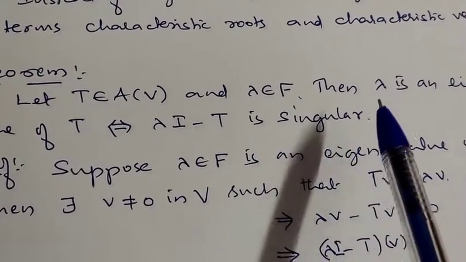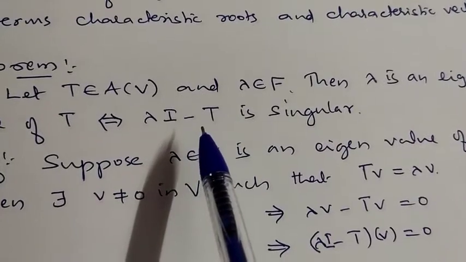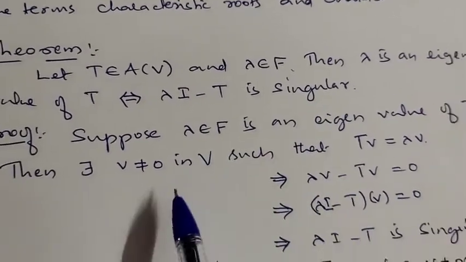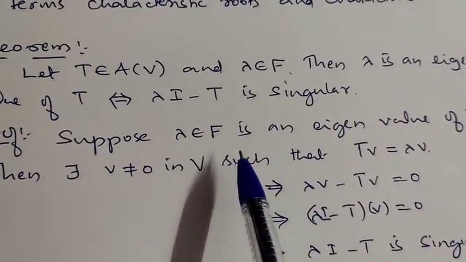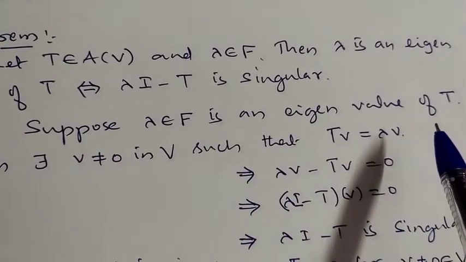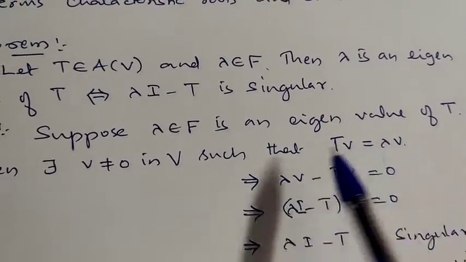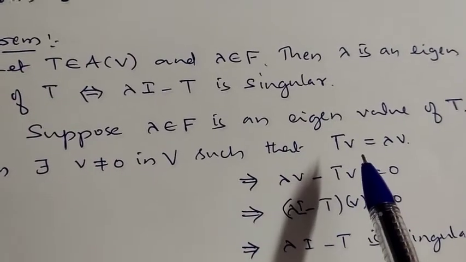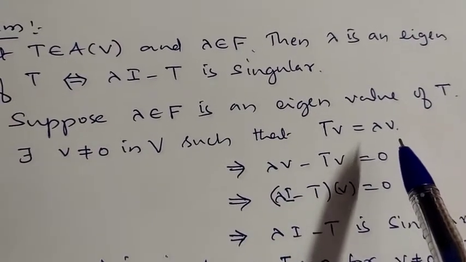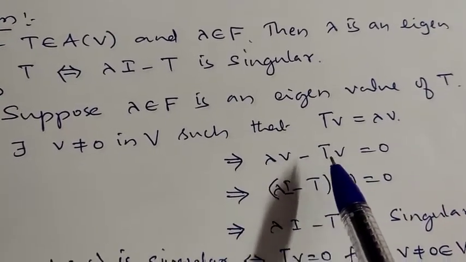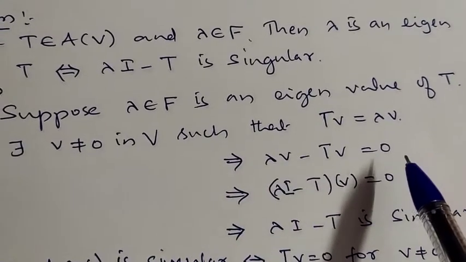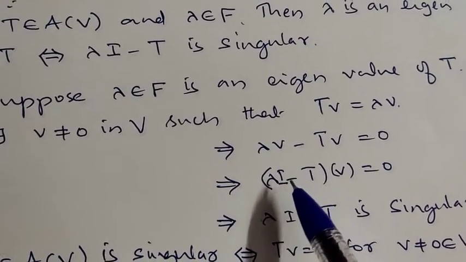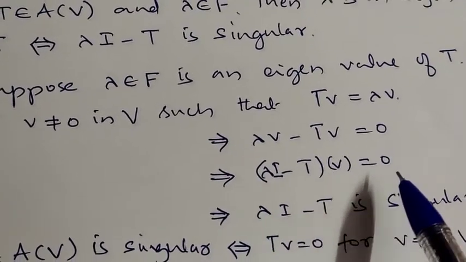For this, suppose lambda is an eigenvalue of T, then by definition there exists a non-zero vector v in V such that T of v is equal to lambda times v. This implies lambda v minus T of v is equal to 0, or in other words lambda I minus T of v is 0.